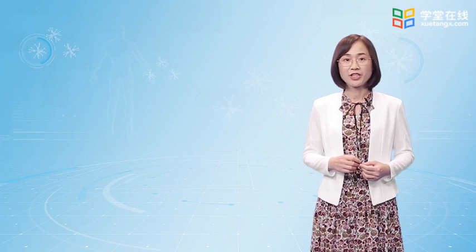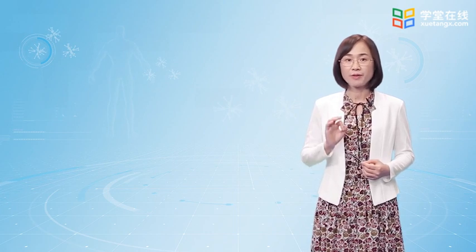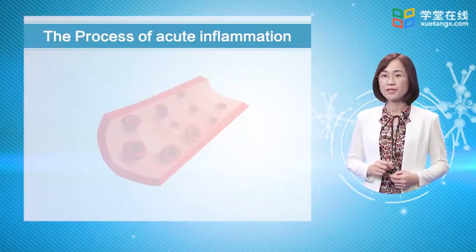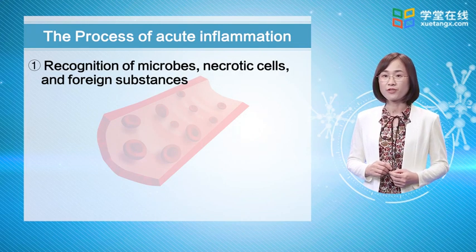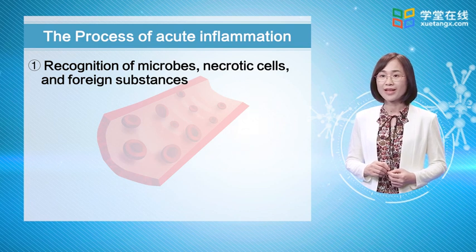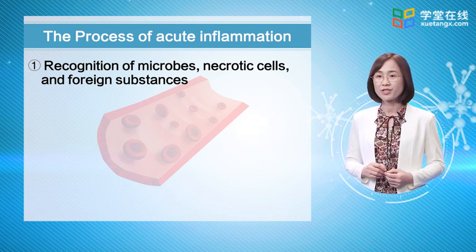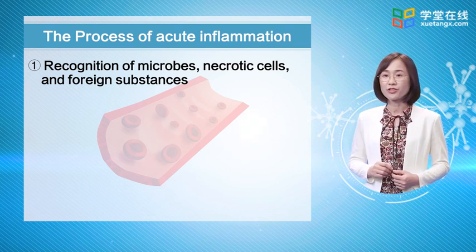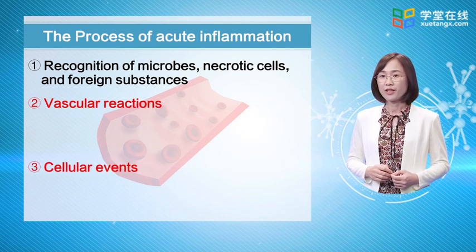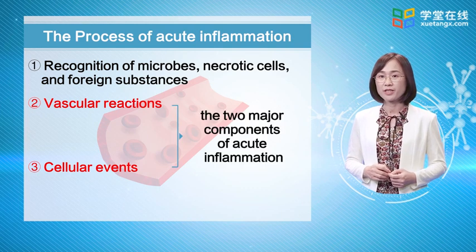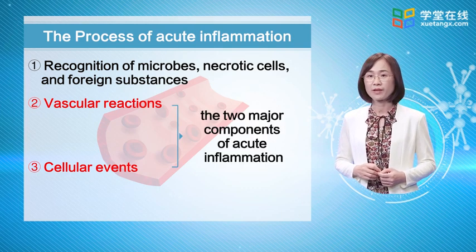The process of acute inflammation has three main steps. First step is recognition of microbes, necrotic cells, and foreign substances. This step will activate host responses to injury, including vascular reactions and cellular events. These are the two major components of acute inflammation.